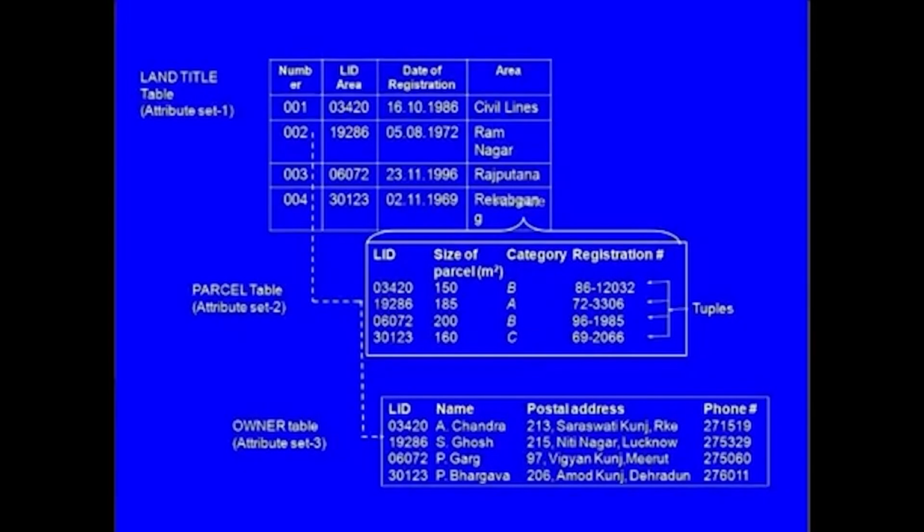This would again be linked by the land ID, and thus for each land ID there would be the name of the owner, his postal address, and other information like telephone number, etc. So, here we find that the information has been created in separate files, and certain relationships between the files through a key have been generated, and that particular key is the land ID. Based on that, the subsequent process of acquiring the information has been made.